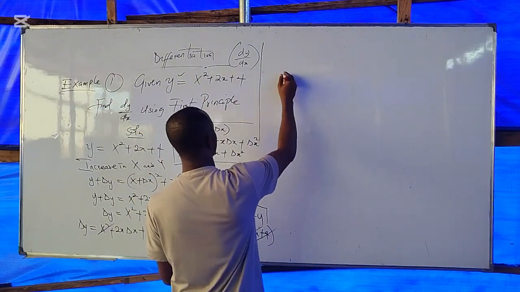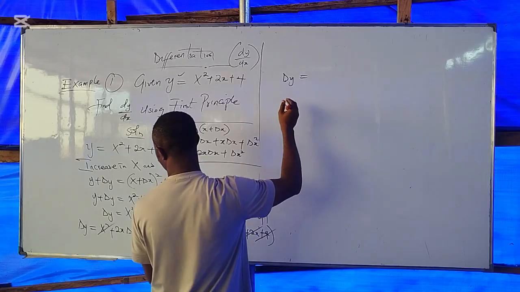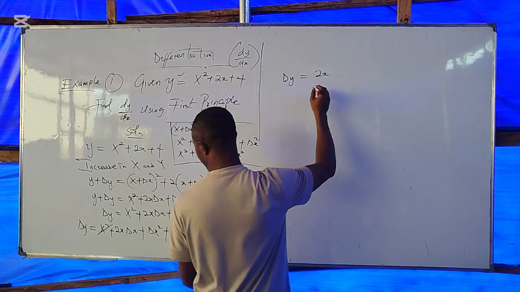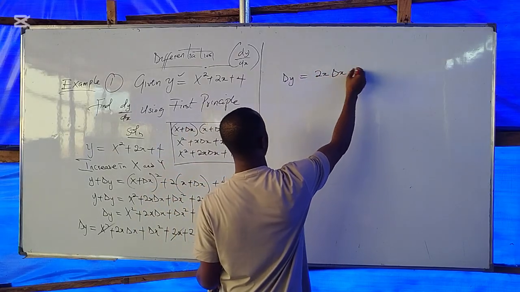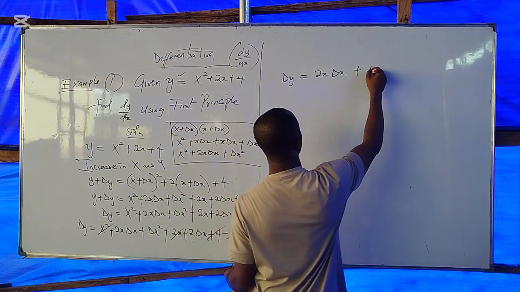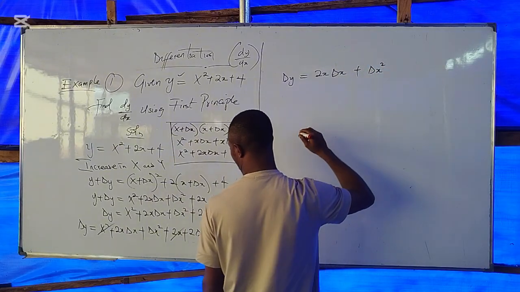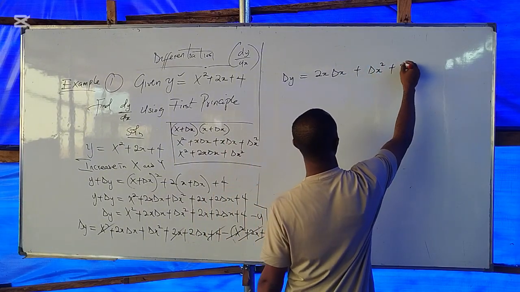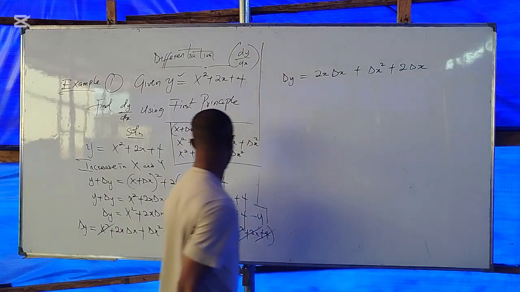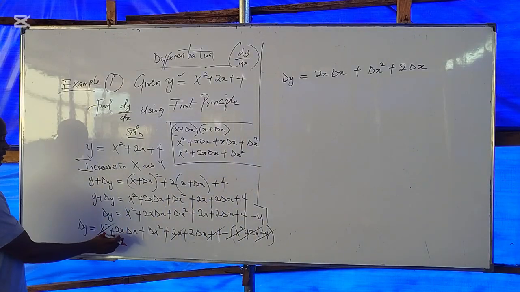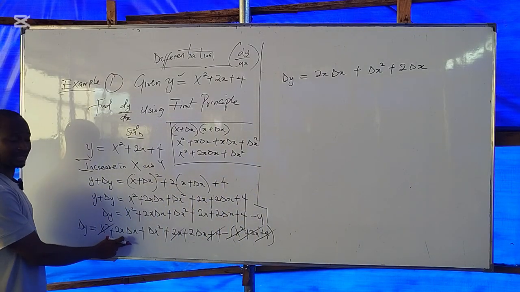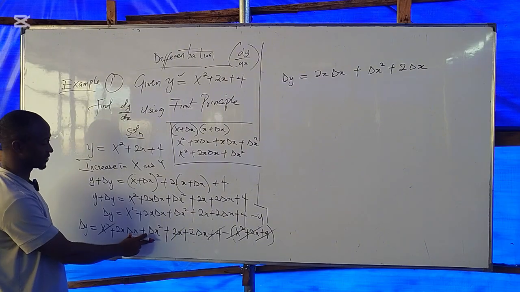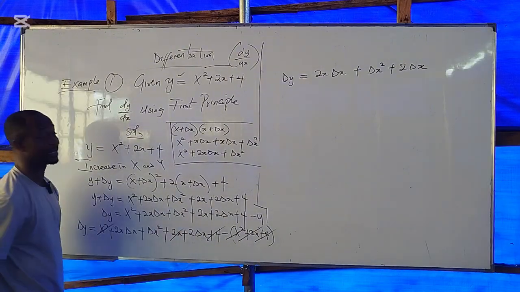So delta y becomes 2x delta x plus delta x squared plus 2 delta x. So we are left with 2x delta x plus delta x squared plus 2 delta x.